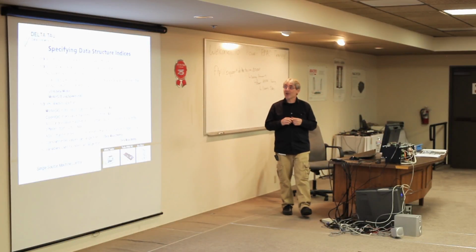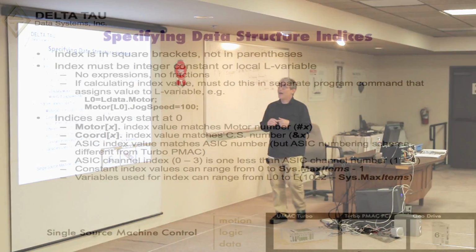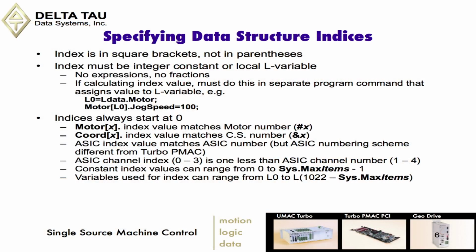Specifying the data structure indices. The index is in square brackets, not parentheses, and the index has to be an integer constant or a local L variable. It cannot be just any generic variable. The only two ways you can specify the index are through a numeric literal constant or a local L variable.